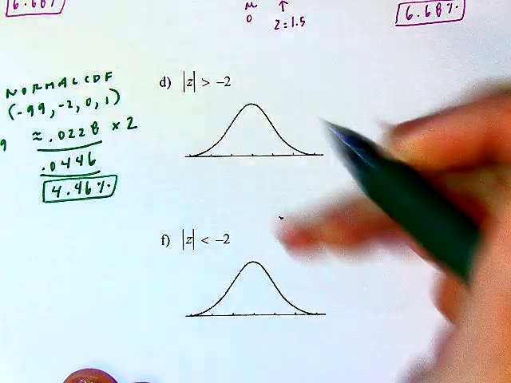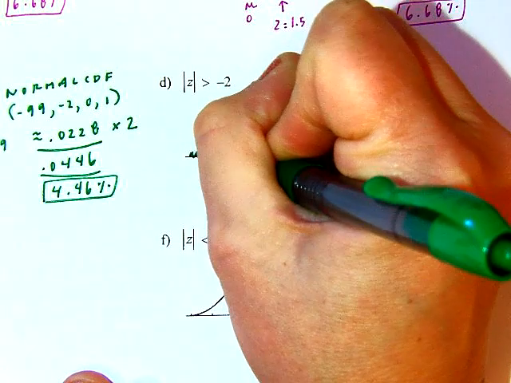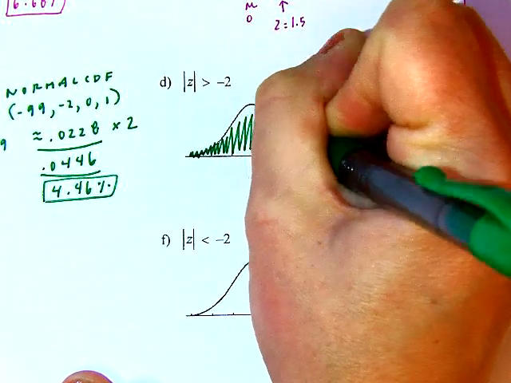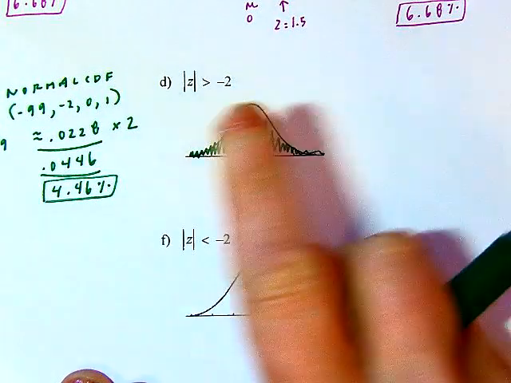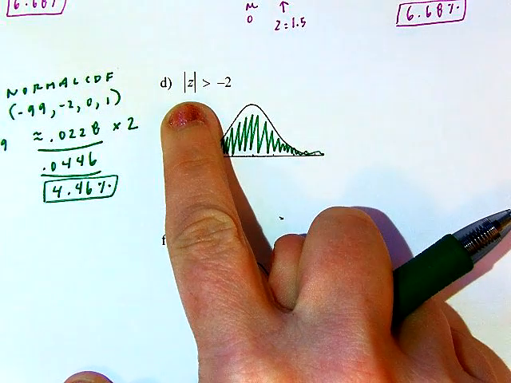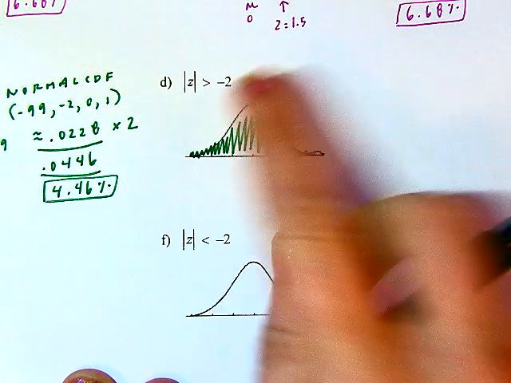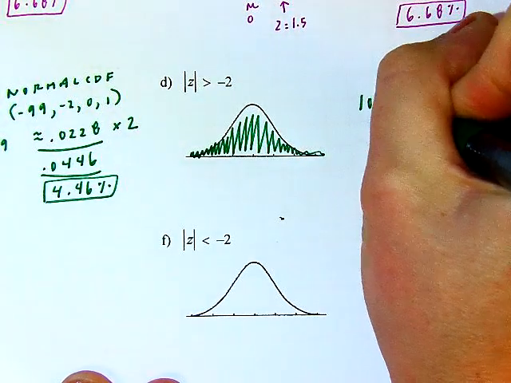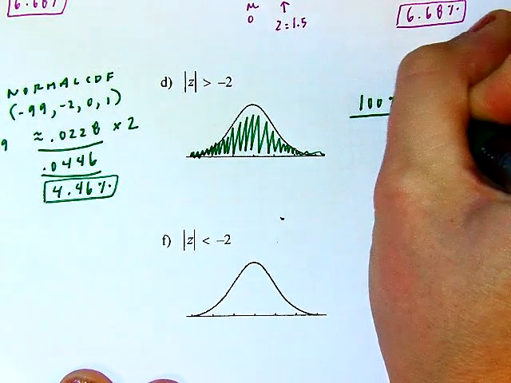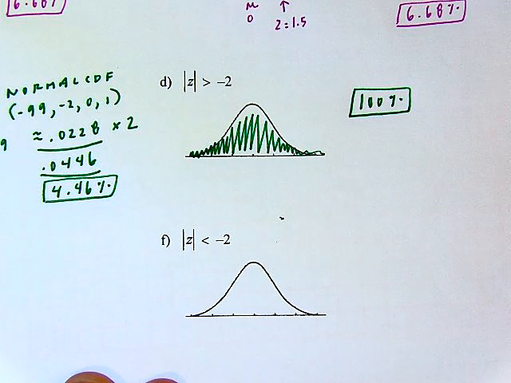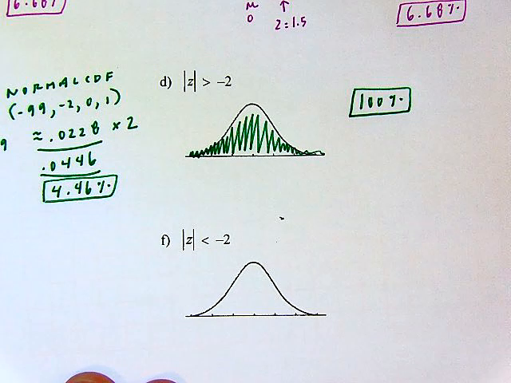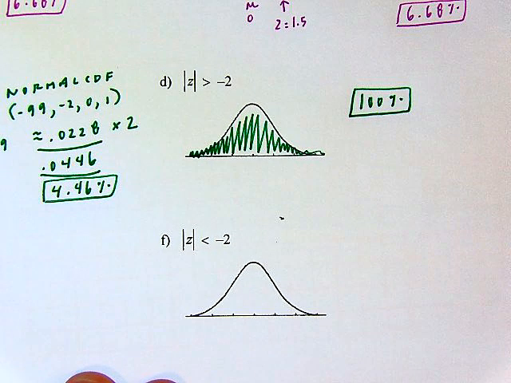So that really encompasses everything underneath our curve. No matter what I plug in here for z, it's going to produce a true statement overall. So we know that this is going to be 100% of the time. A distance will always be more than something negative.